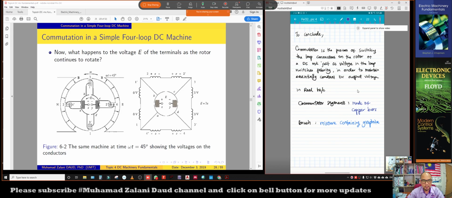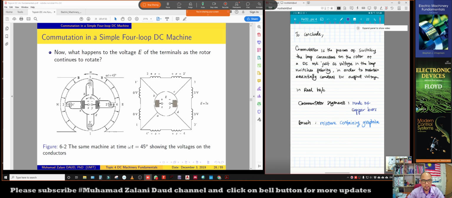The commutator segments are basically made of copper bars. Copper is better than steel, right? Copper is non-corroding, unlike steel, so it is quite a suitable material for a commutator segment.